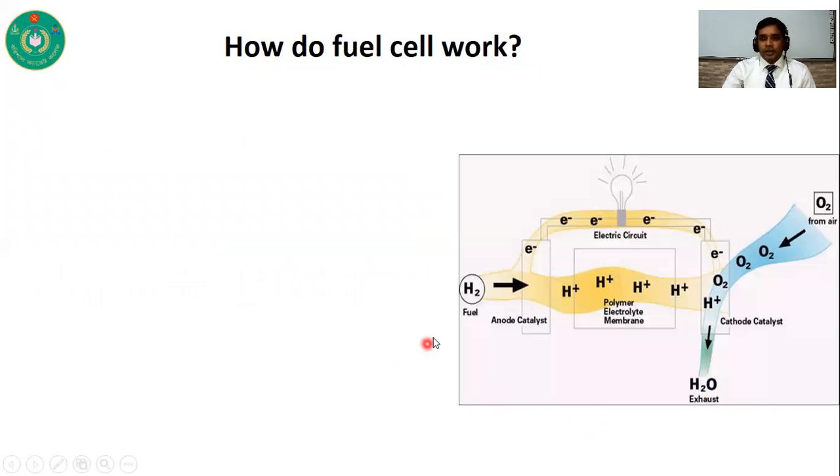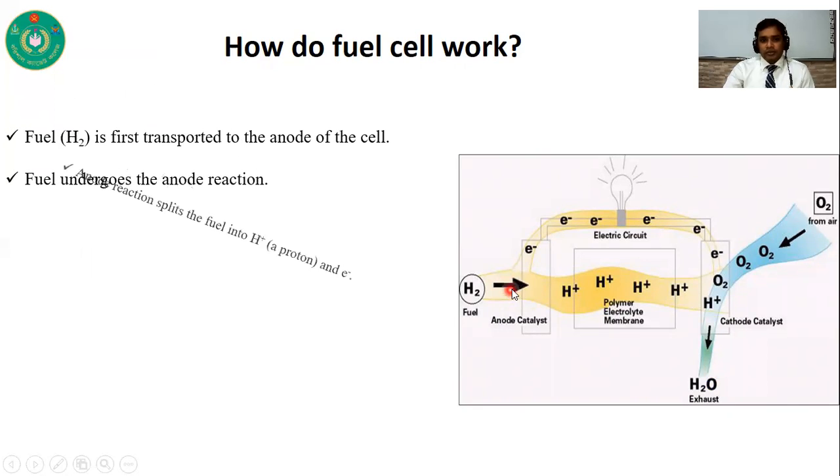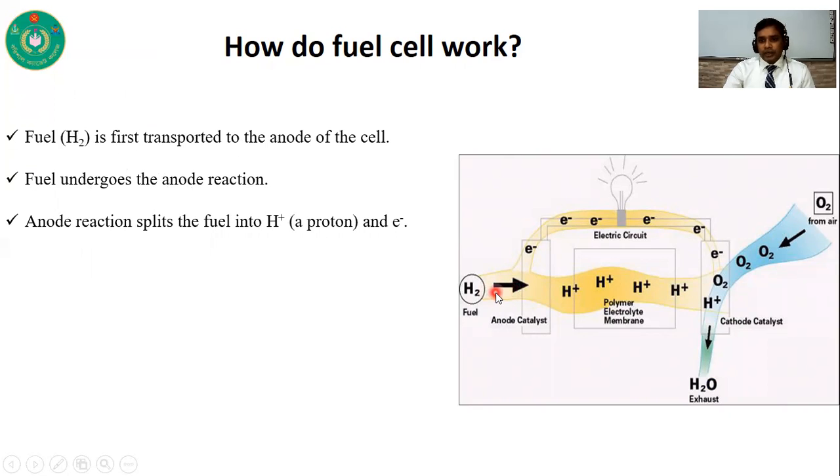So how does a fuel cell work? Here you can see the fuel, that means we use hydrogen in a hydrogen fuel cell. Hydrogen is first transported to the anode of the cell, then it undergoes a chemical reaction, that means the anode reaction. When it undergoes the anode reaction, it splits into proton and electron. Electrons travel through the external circuit and reach the cathode, but protons travel through the proton exchange membrane.